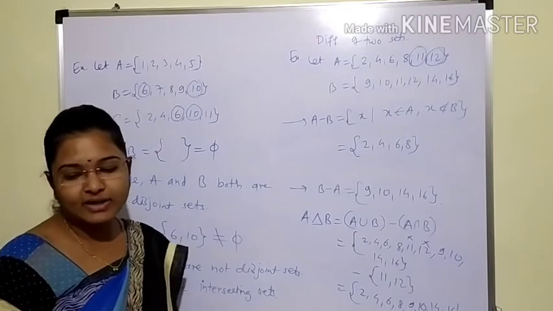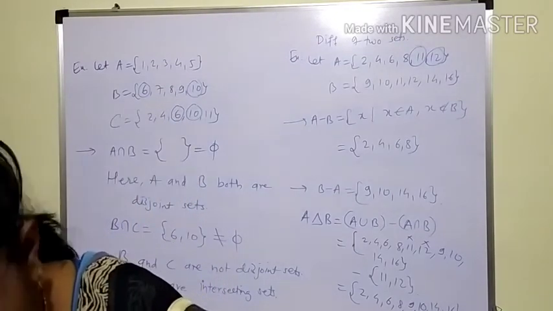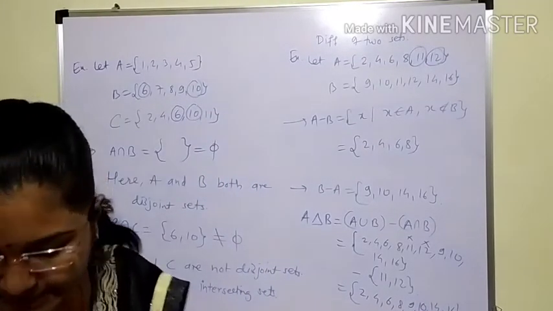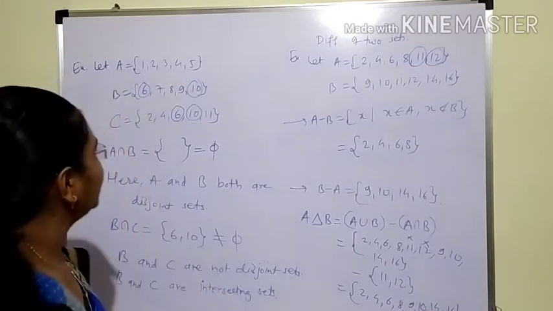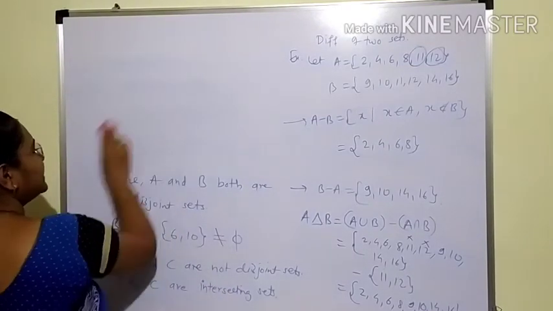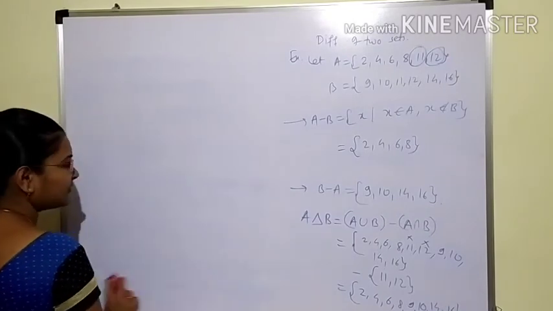Getting? Any doubt in this? Now we'll see complement of set. Now students, what is a complementary set? Now if we are having two sets, or we can consider only one set for introducing the complement of a set.